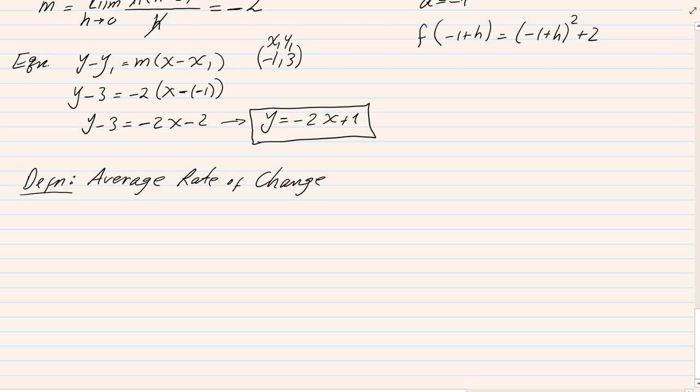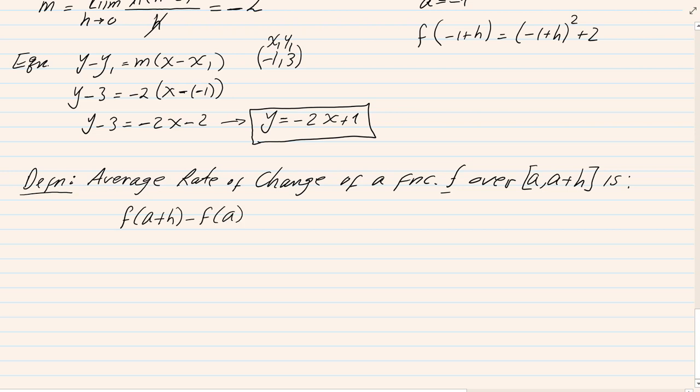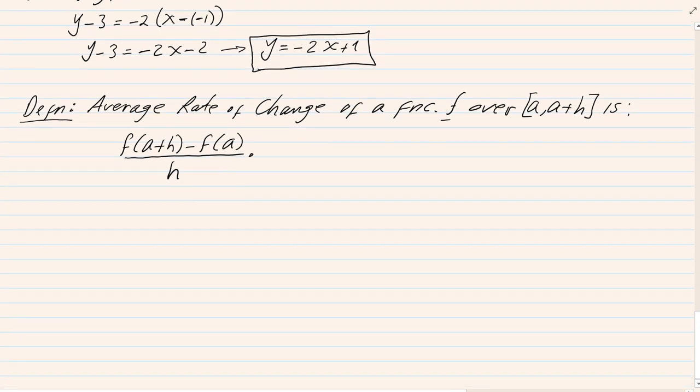The average rate of change of a function f over a closed interval a to a plus h is given by f at a plus h minus f at a, divided by h. And that's what's called the average rate of change of a function over that interval.